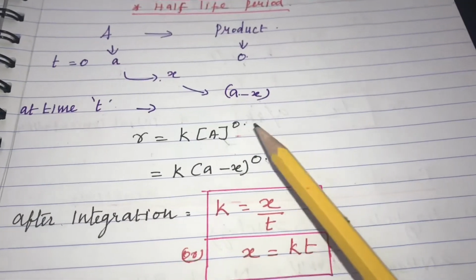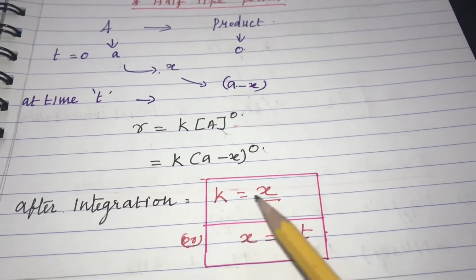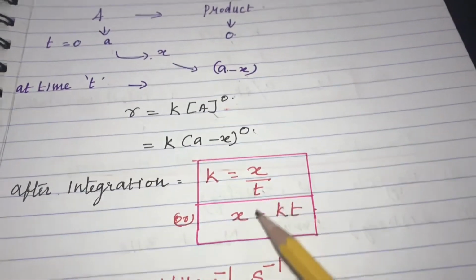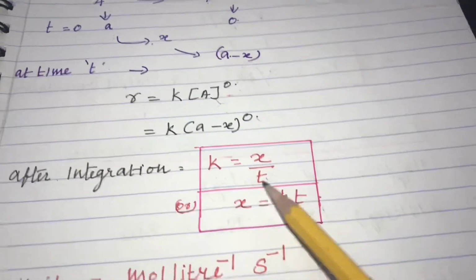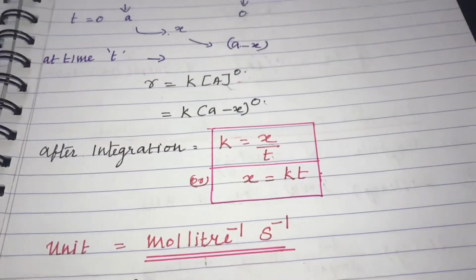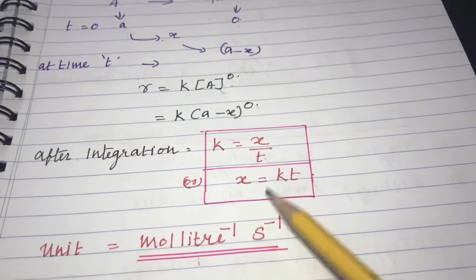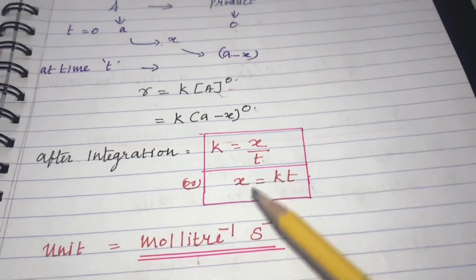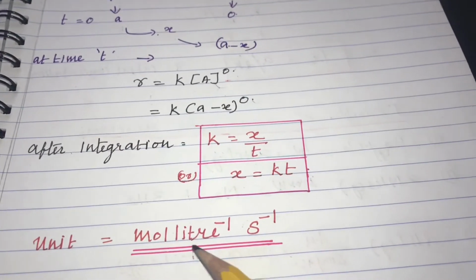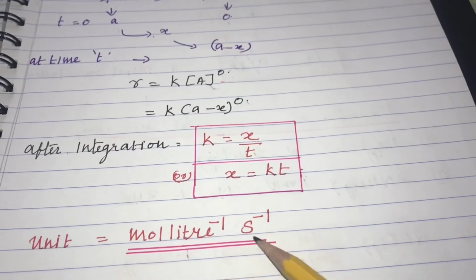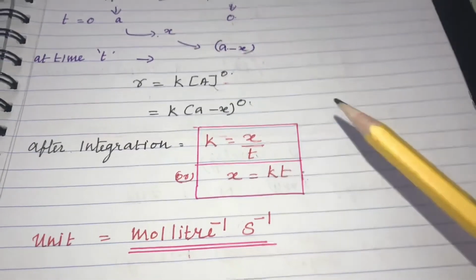After integrating this equation, we can get K is equal to X by T, or X is equal to KT. Here the unit of rate constant, as it involves the time and the concentration, is mole liter power minus 1 and second power minus 1.